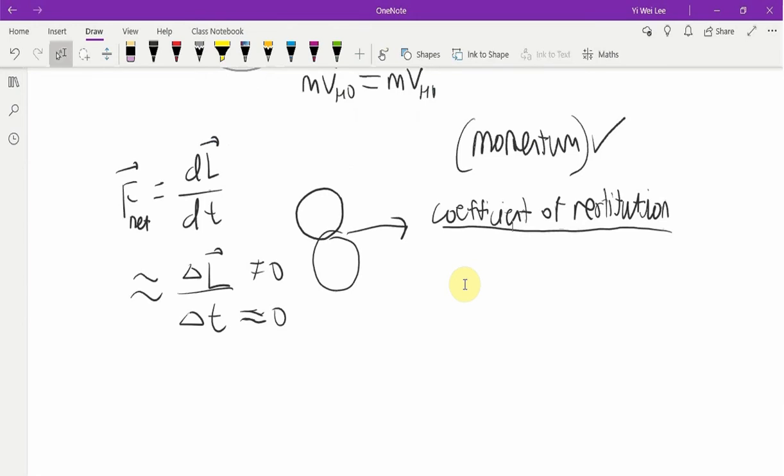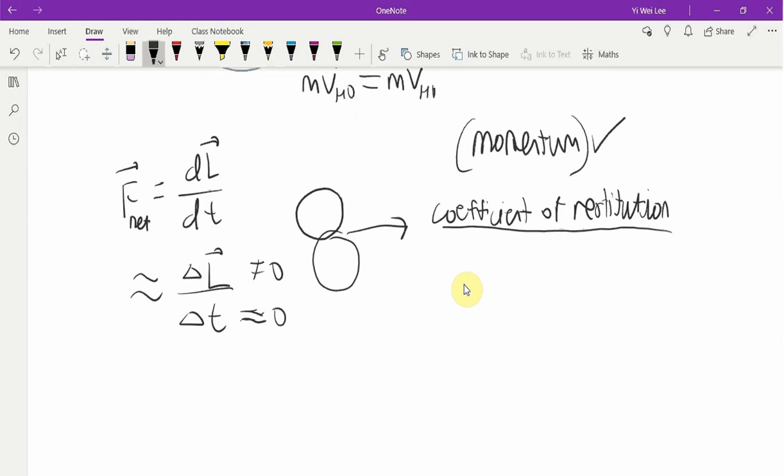Now, for the coefficient of restitution, it is important to know the equation. Before I explain, just take a look at the equation first.